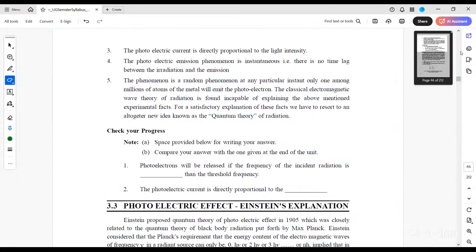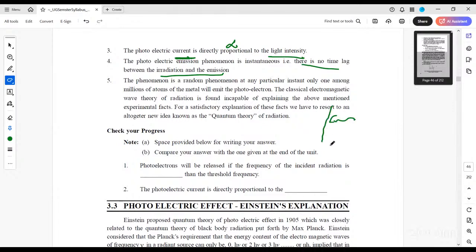So the third point: whatever current is produced is directly proportional to the light intensity. And there is no time lag, meaning no wastage of time between the radiation and emission. What is the meaning of radiation and emission?